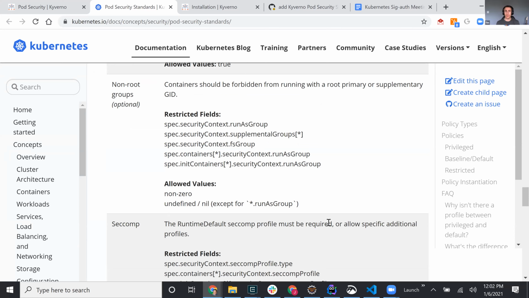But this wouldn't be a conformance test. This would say, if you want to test that some user or some namespace is conforming to this policy, then you could run it against that namespace, or get the admin to impersonate the user they want to test.